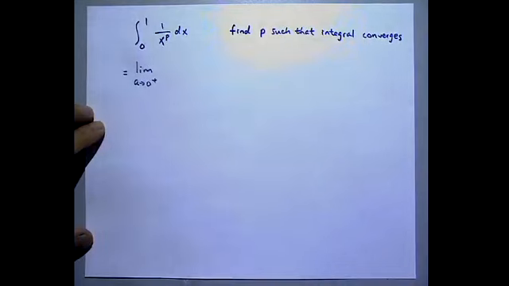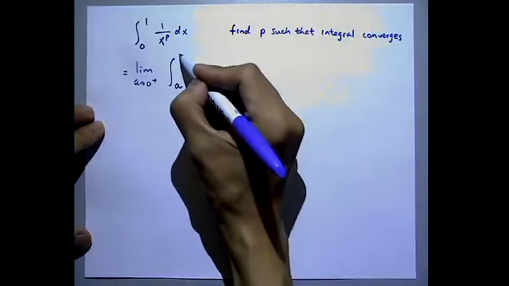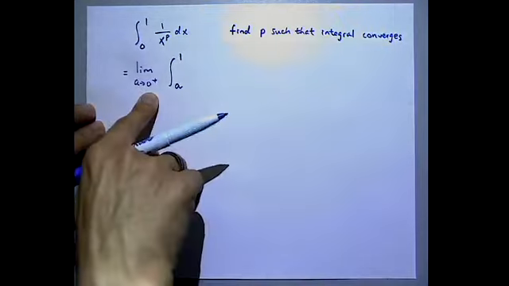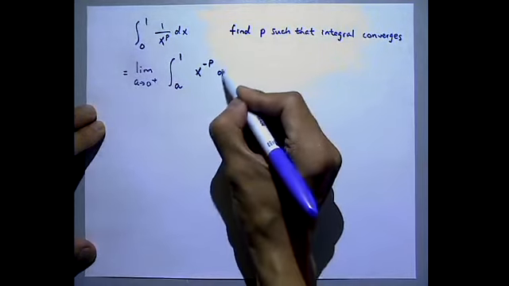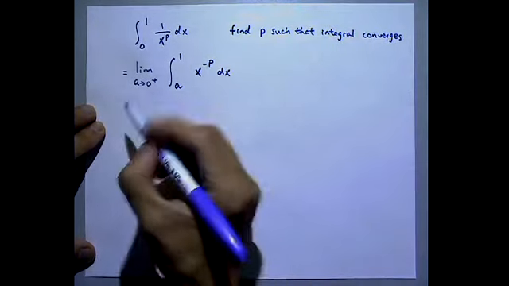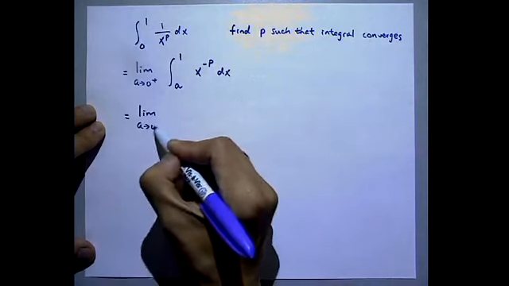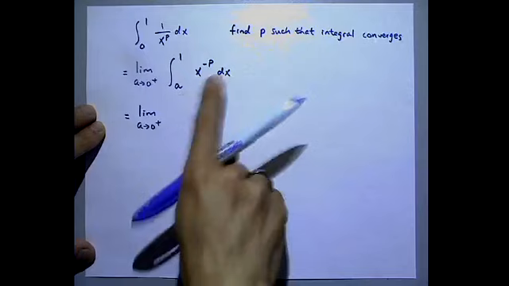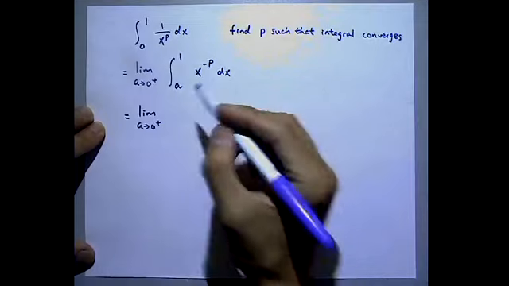And we'll follow exactly the same first few steps as in the last example. Get rid of 0, putting in an a, and that a goes to 0. And this is x to the minus p. Now we know the function is always defined as long as we're not exactly at 0. So the fundamental theorem of calculus applies.